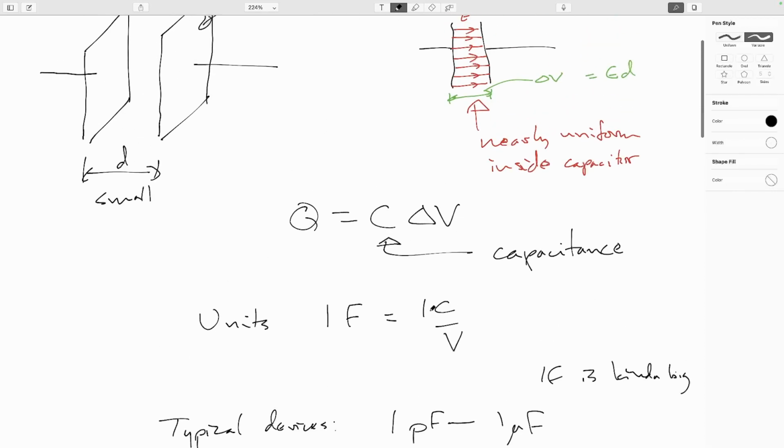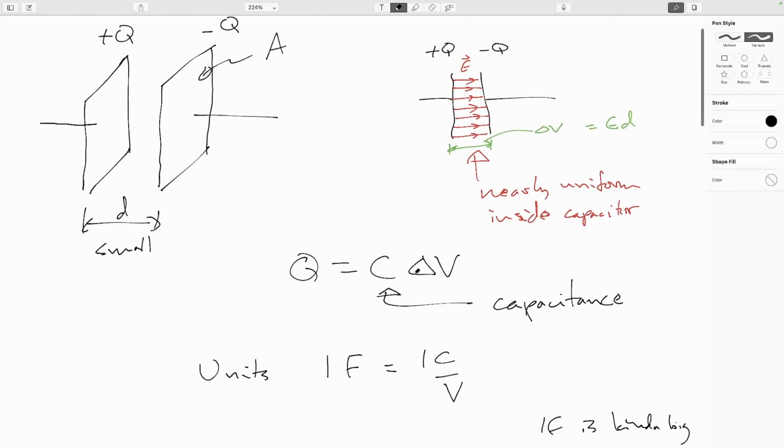And what's going to dictate the capacitance, like I said, is the ratio of the charge held to the voltage applied. But the higher the voltage applied, the stronger the electric field. If I have a bigger plate, I will have more points for my electric field lines to start from, and we always start and end on charges.